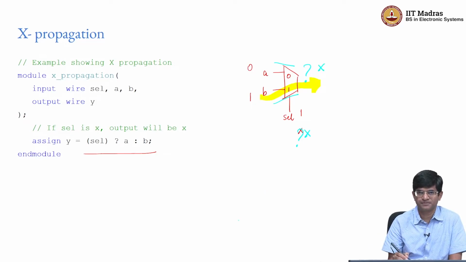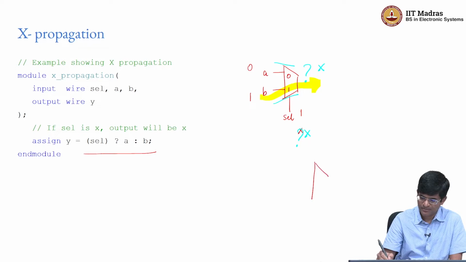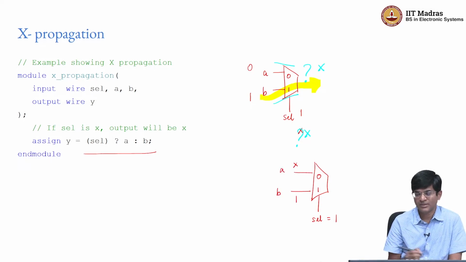It's unknown. On the other hand, what if I had something like this? 0, 1, select is equal to, let's say it's still 1. B happens to be 1 and A happens to be X. In this case, it's actually safe for me to say that B is the output, Y is equal to 1.